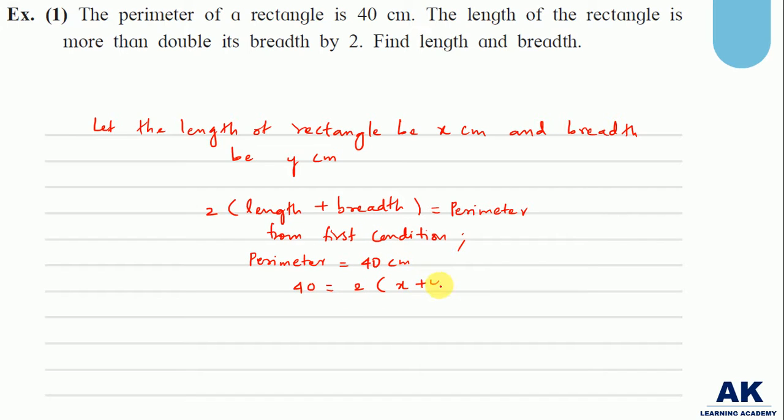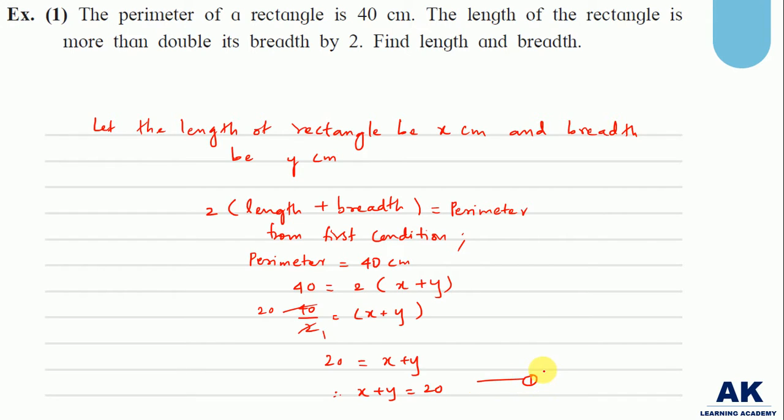So 40 upon 2 is equal to x plus y. 2 twos are 4, 2 twenties are 40, so 20 is equal to x plus y. Therefore x plus y is equal to 20. Let's consider this as equation number 1.